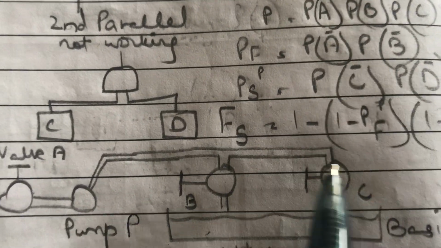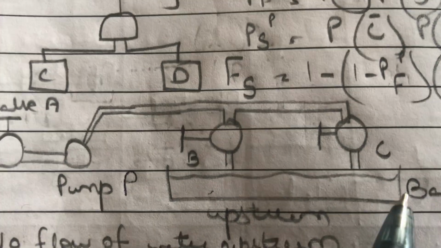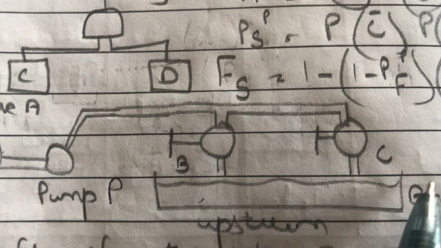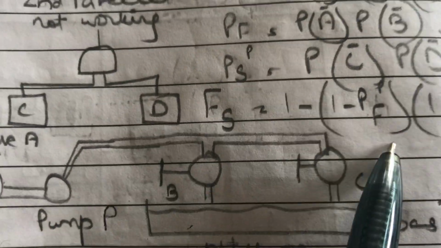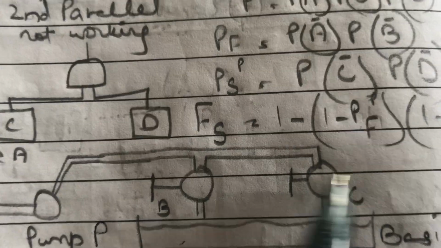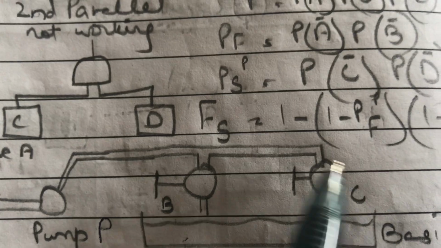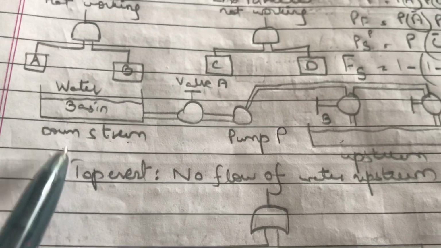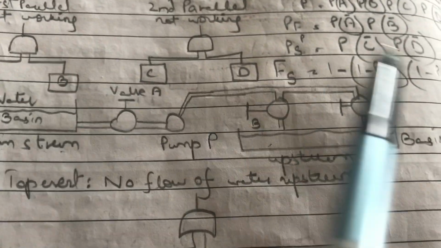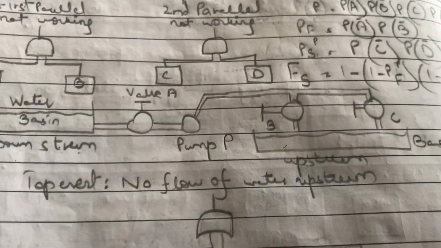Valve B and valve C are present to get this water down into the upstream basin. So this is basically our system. It's a really easy one. The water is only going from down to upward.